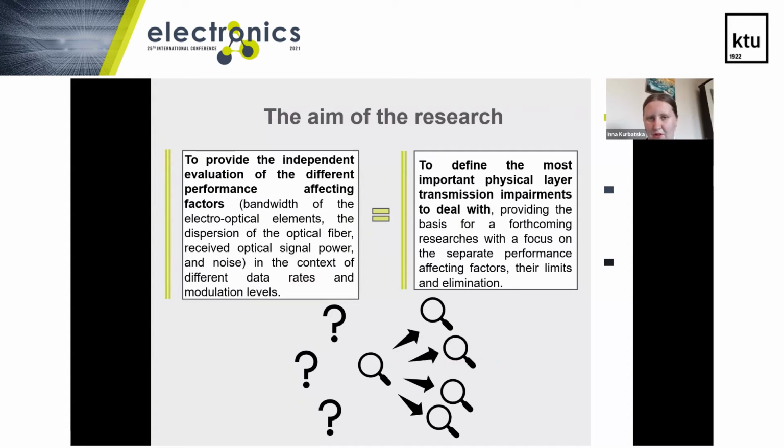This is the goal of our research. We want to provide an independent evaluation of different performance-affecting factors for the system, and in such a way we define the most important transmission impairment to deal with in the case of converged passive optical networks.